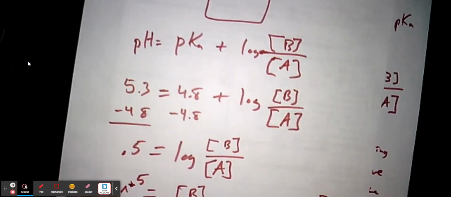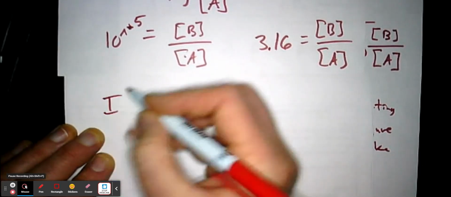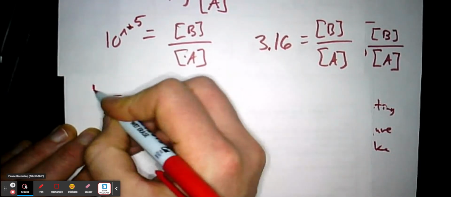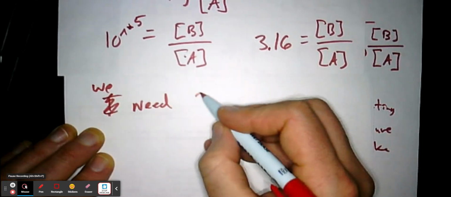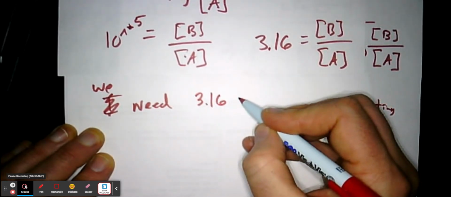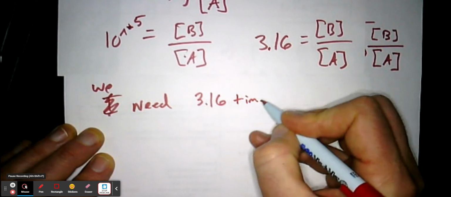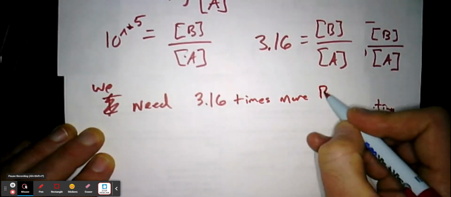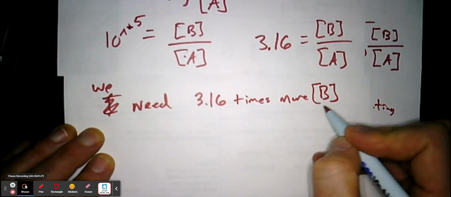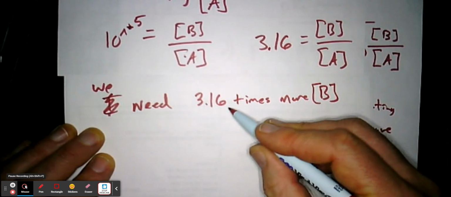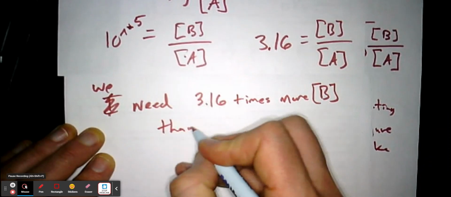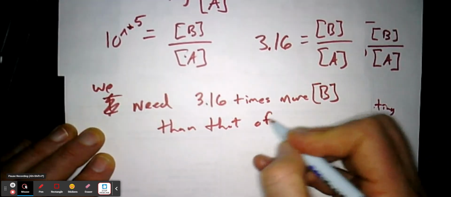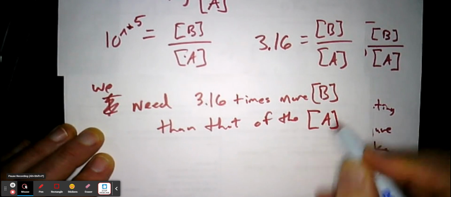Okay? Now what that means is we need 3.16 times more base, or the concentration of the base is 3.16 times greater than that of the concentration of my acid. All right?